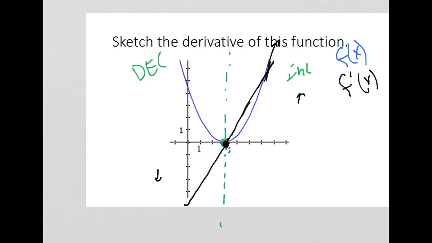And I just erased all my function on accident. But it should look something like that. Increasing intervals are going to represent a positive slope, so positive y values. Decreasing intervals are going to represent a negative slope, negative y values. And relative maximums or minimums are going to represent zeros of your derivative function.